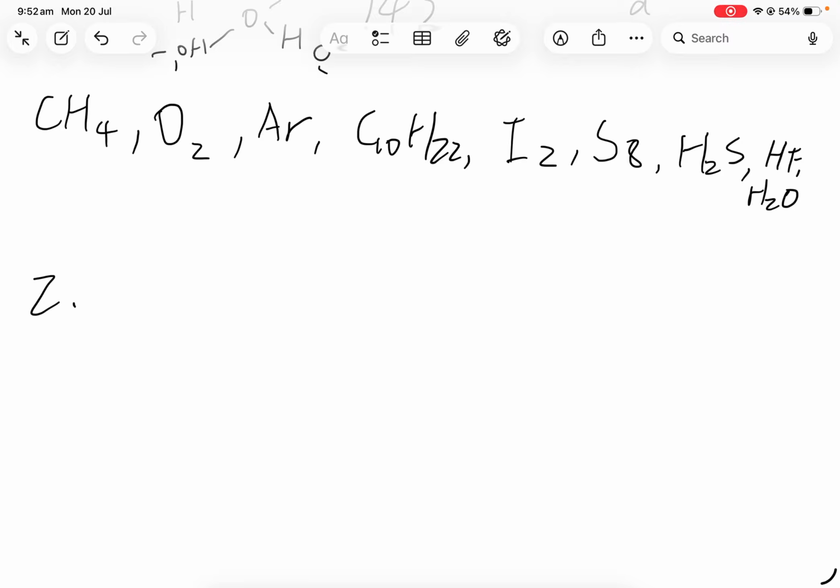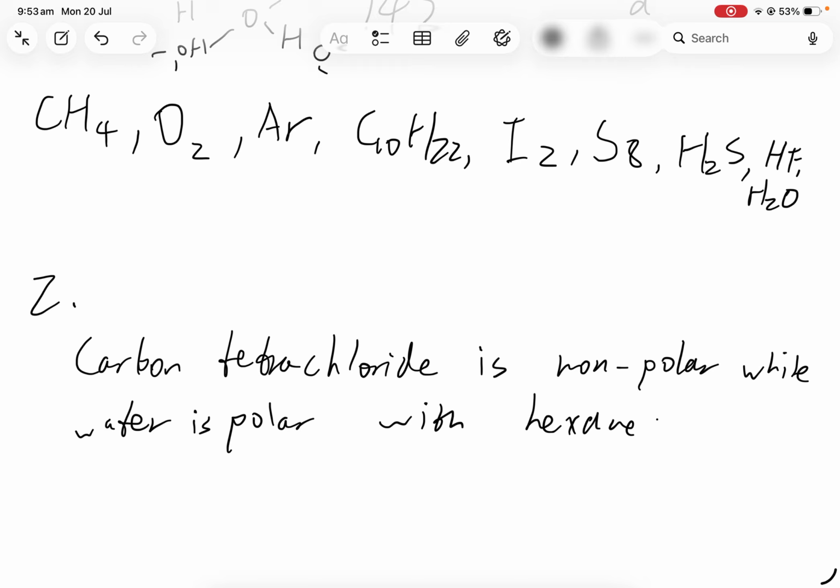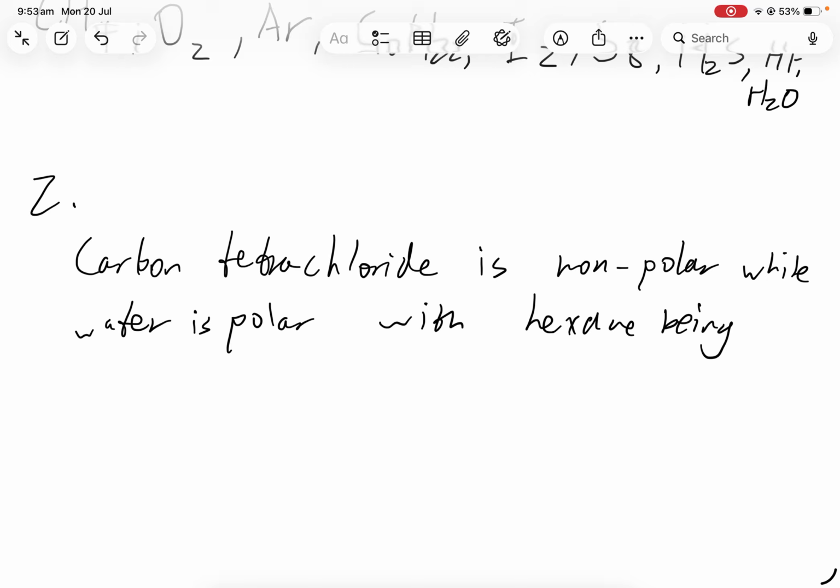Okay, so first we say carbon tetrachloride is non-polar, while water is polar, with hexane being non-polar.